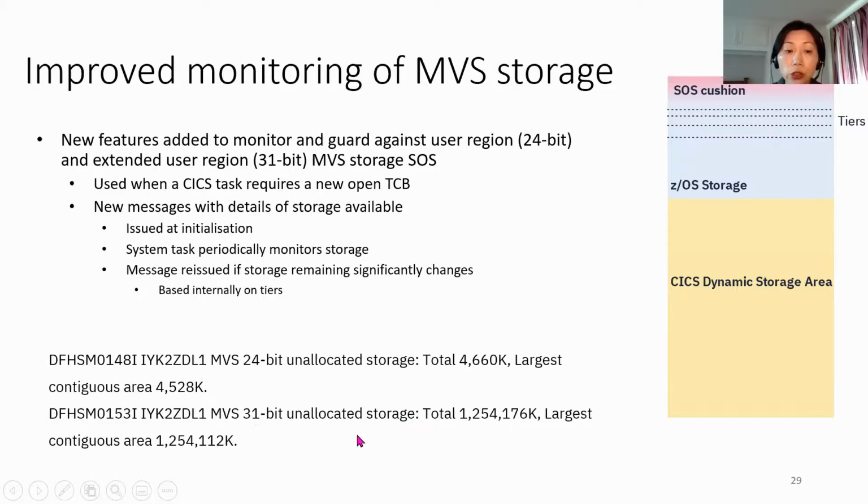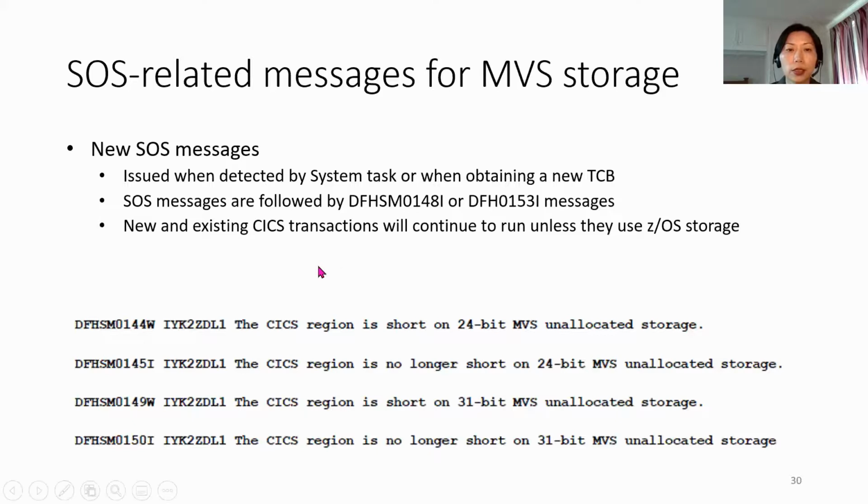They show the startup time, the unallocated storage, and the largest contiguous area for these two different areas. If it gets to SOS, it will also emit messages for 24-bit and 31-bit, with different message numbers, as you can see here.